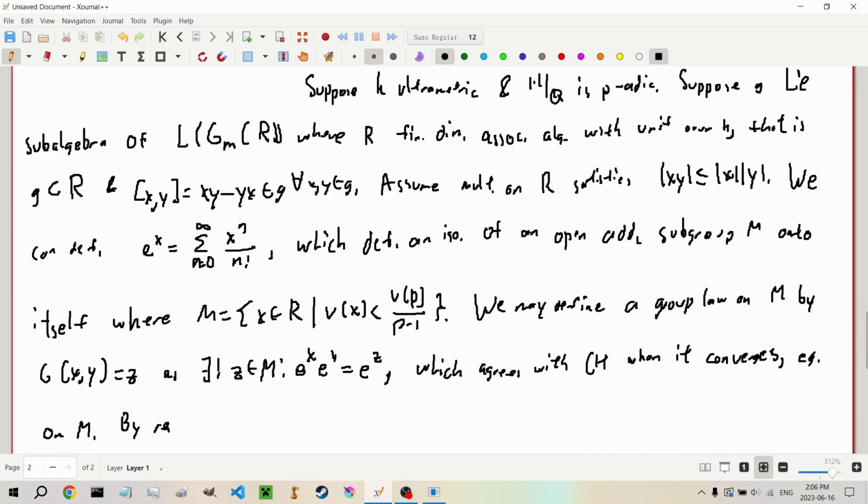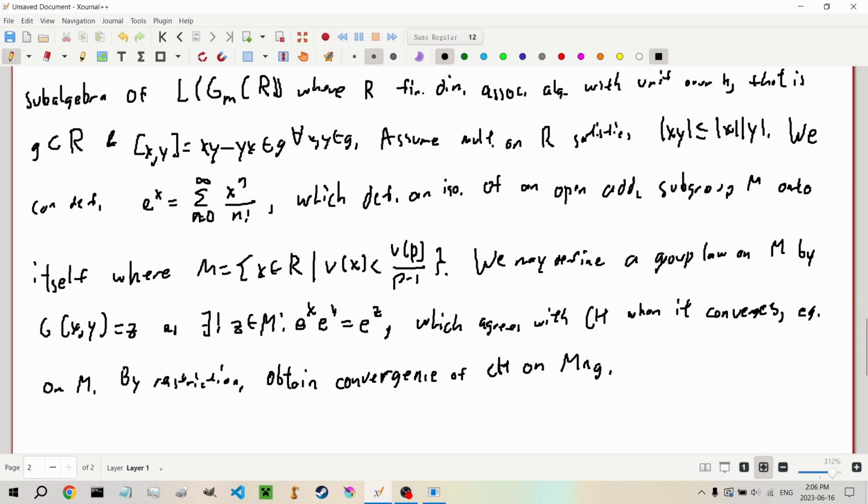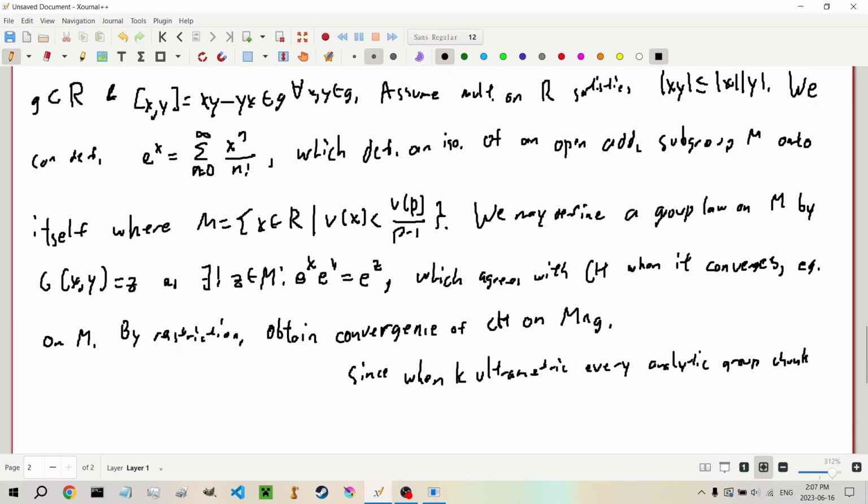By restriction, we can obtain convergence of the Campbell-Hausdorff formula on M intersecting G. And one last remark, since we know when K is ultrametric, every analytic group chunk corresponds to an analytic group, which is a Lie group.